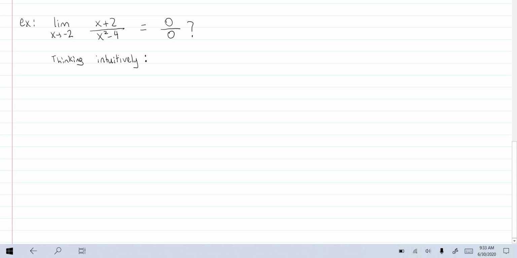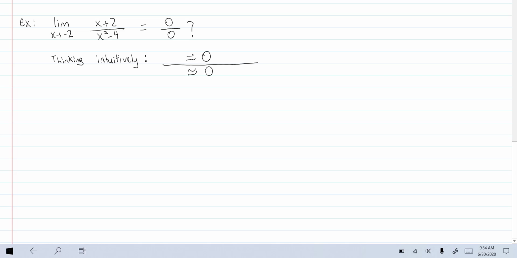So in your numerator, you're going to have something really close to 0. I'm just going to write approximately 0 for that. Now, similarly in your denominator, if x is close to -2, x squared should be close to 4. And so your denominator is also going to be close to 0.